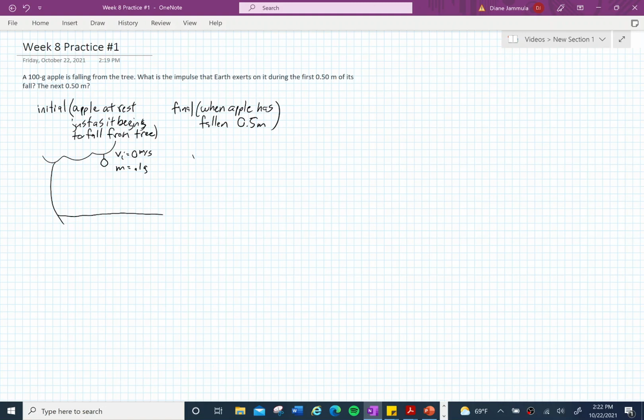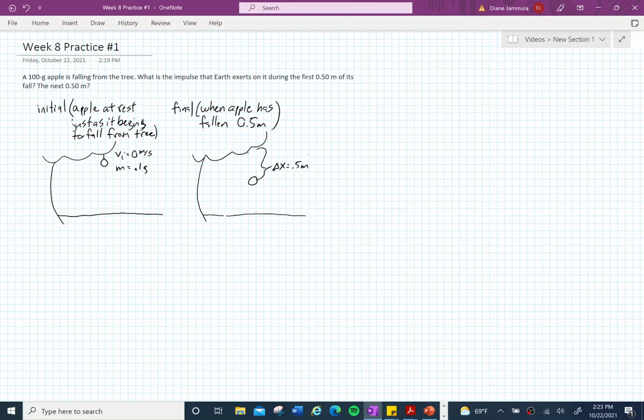All right, here's my tree. Okay, so now the apple is somewhere here. The displacement is 0.5 meters.